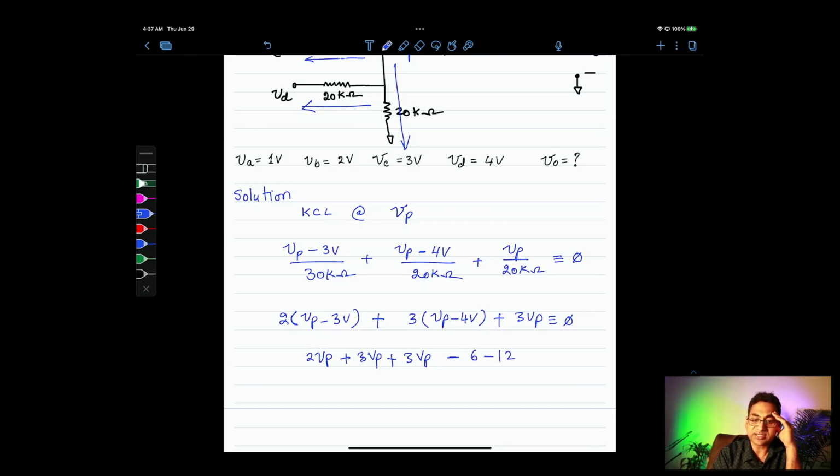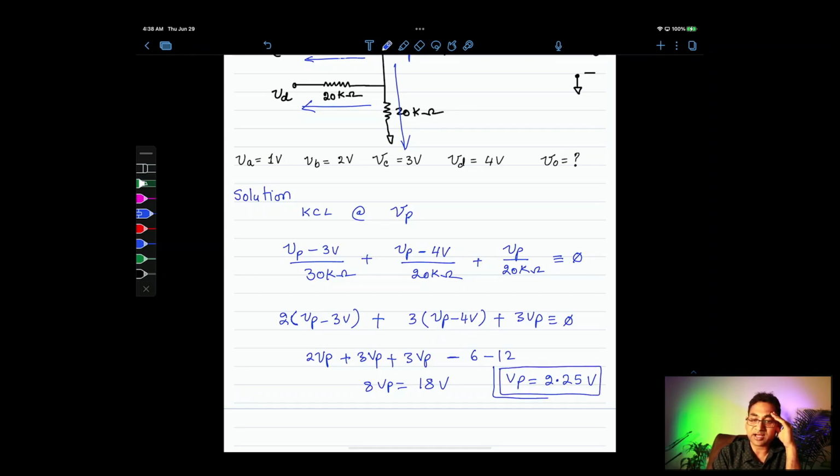So it turns out that 8Vp is 18 volts. So Vp is really 18 by 8, which comes out to be 2.25 volts.